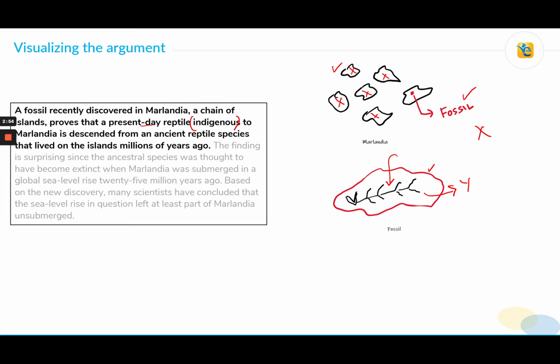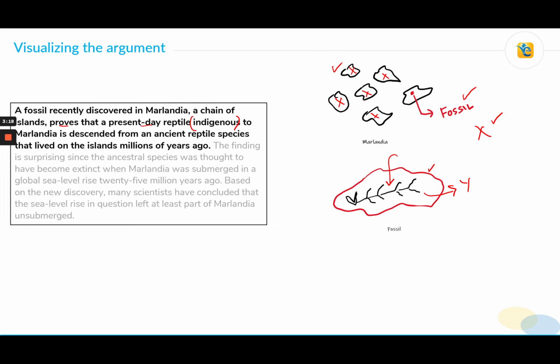Alright, so small nuggets of information that you're collecting so far. Now, here's the most important point being communicated: this fossil proves that the present day reptile, let's say X, is actually a descendant of an ancient reptile species that lived on the island millions of years ago.